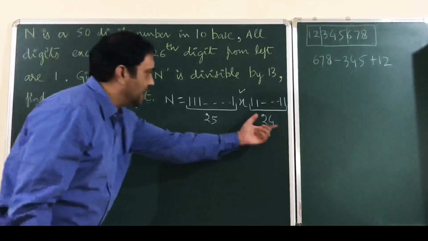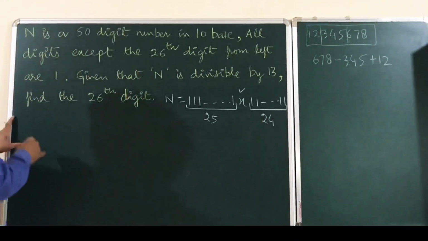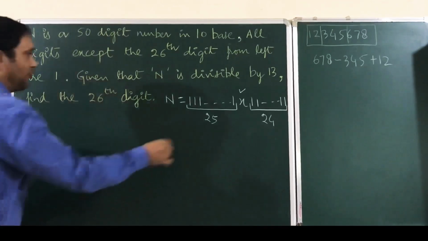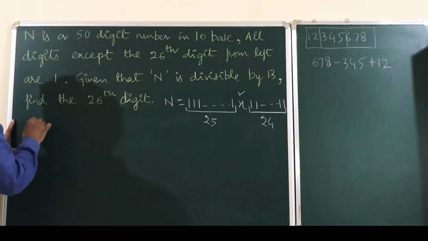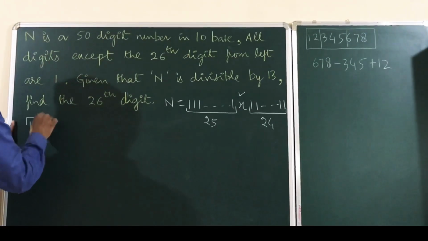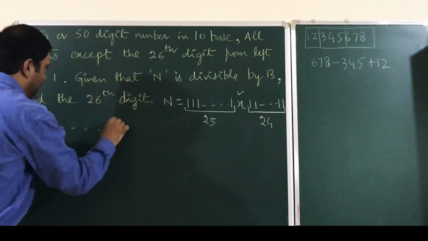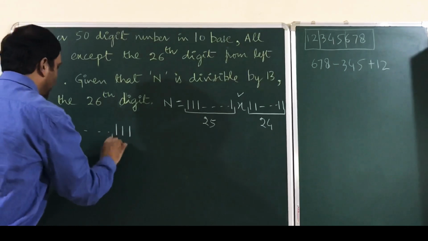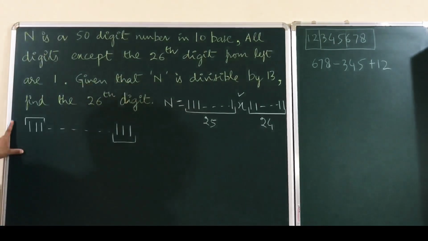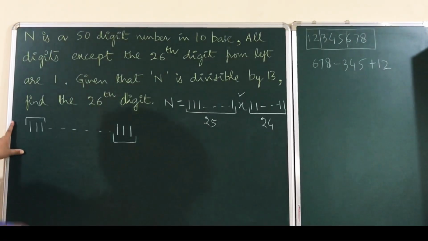So first we'll start from this end. You see, these 24 ones can be formed into blocks of 1, 1, 1. How many blocks can we form? In total we can form 8 blocks there. Clear?